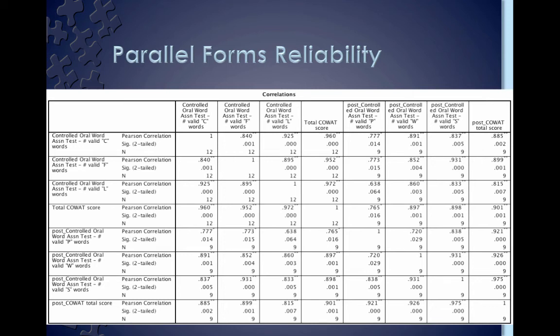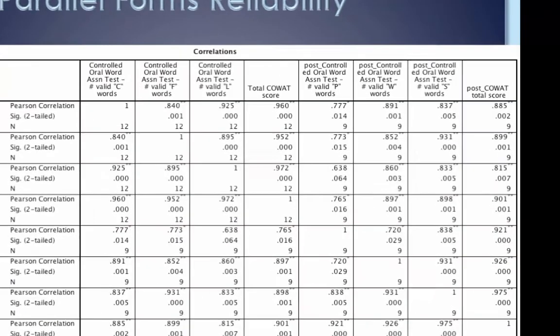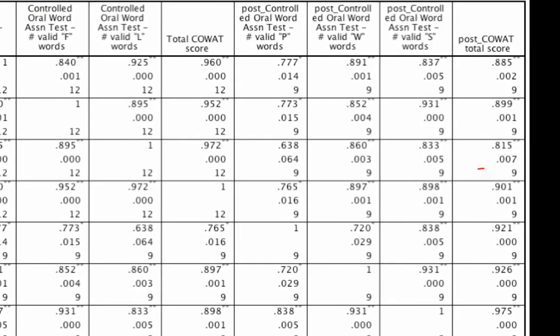We can see here total COAT score and post-COAT total score. We have Pearson's correlation coefficient equal to 0.901. So let's step back and think about this. How would we define or interpret the relationship between total COAT score and post-COAT total score? It would be what direction? Positive or direct.